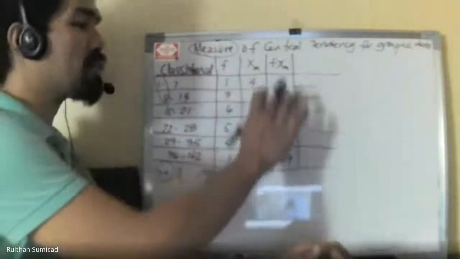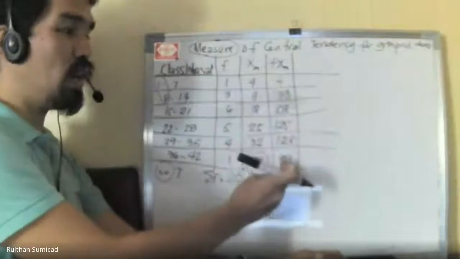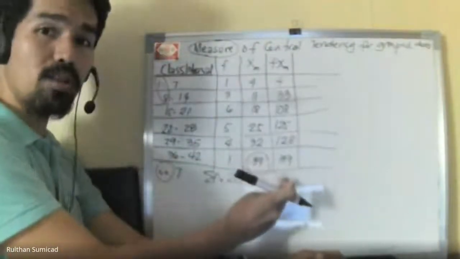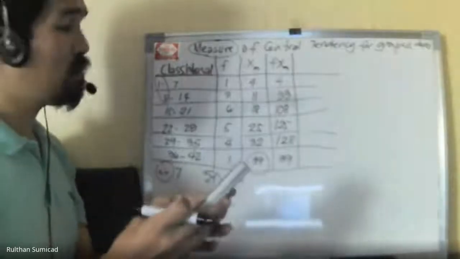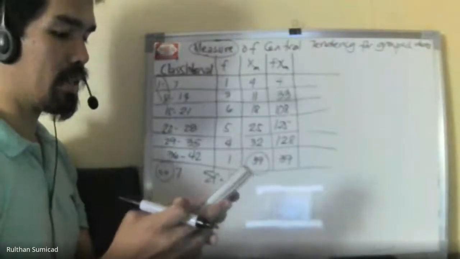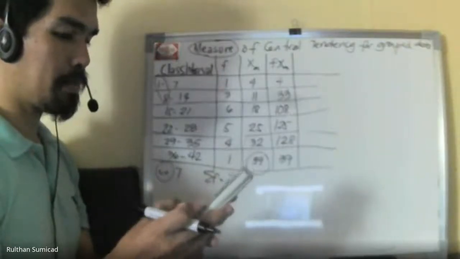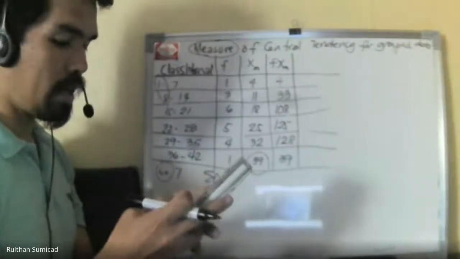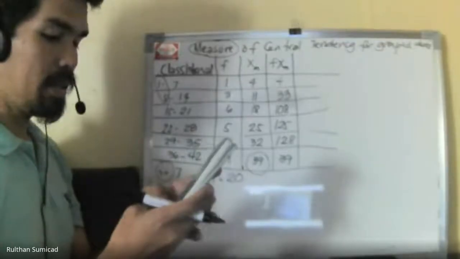Okay, so we have here fx sub m. The next thing that we will do with this column is we will just get its summation. Okay, we will just add everything. So we have 4 plus 33 plus 108. Kindly double check if the entries are all correct.